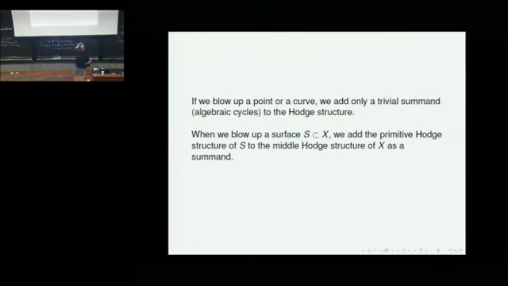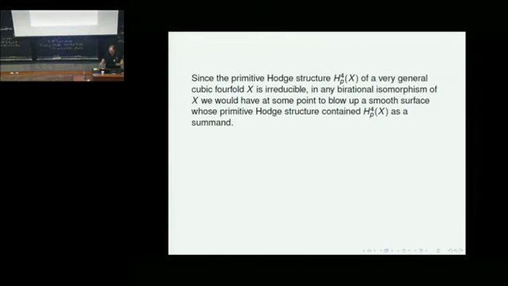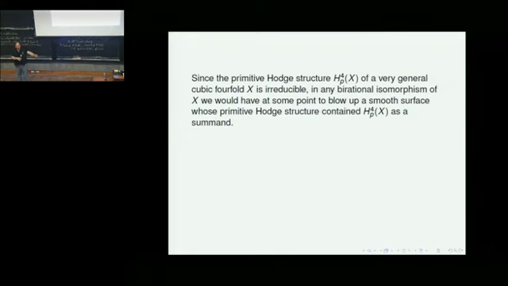So what does that mean? It means that if there was a birational isomorphism between a cubic fourfold and P4, you would get it by a sequence of blow-ups and blow-downs.